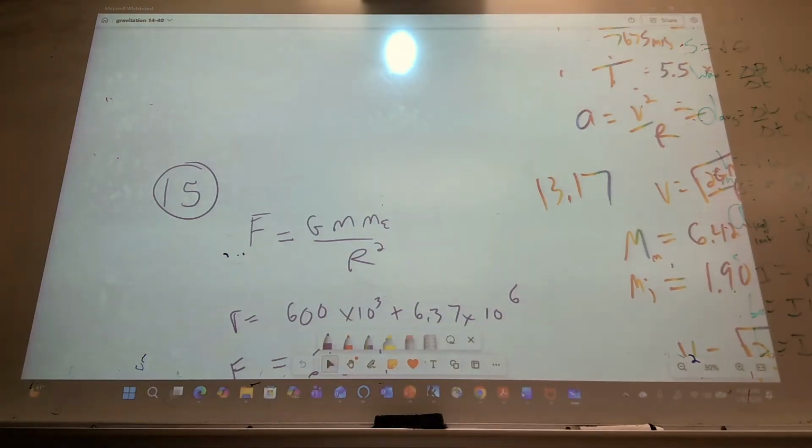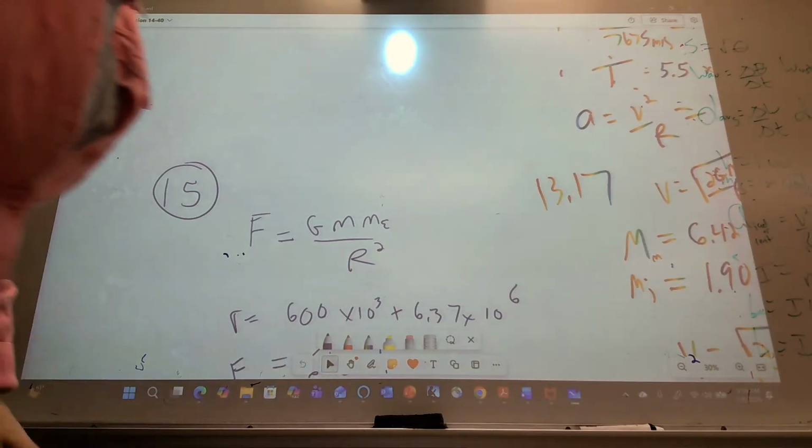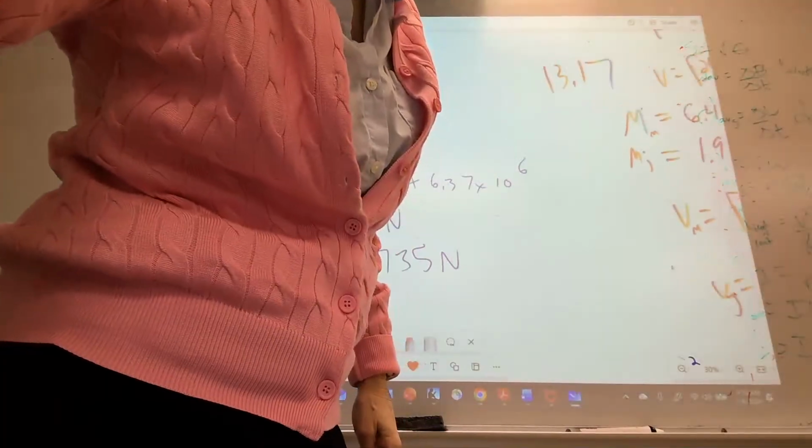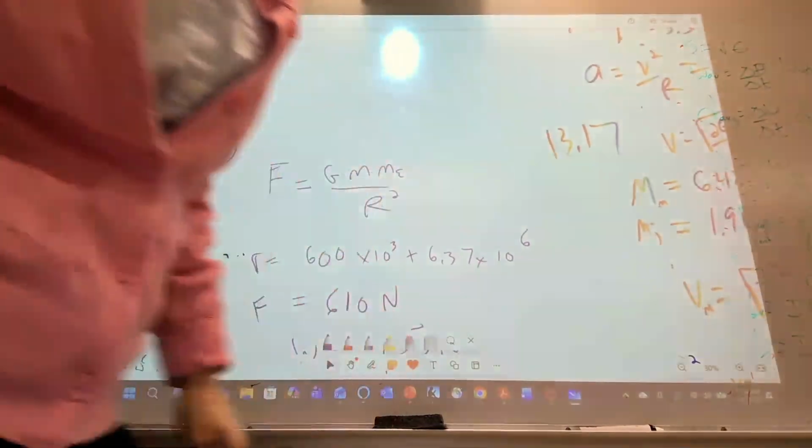This whole thing here, it's just 22.9 times 10 to the negative 16, divided by, let's add that whole thing, 6.378 plus 7. You should get 610 newtons.